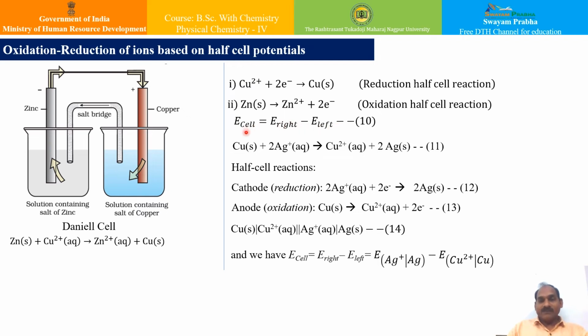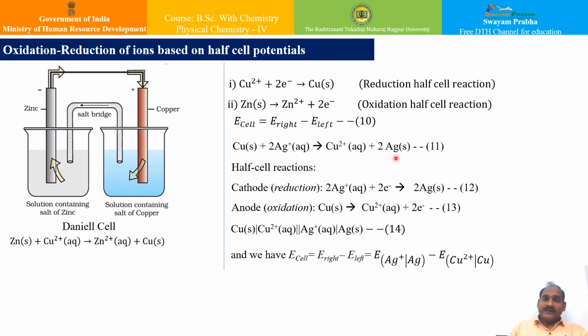Now let us take the example of the representation given in equation 11. Copper is in contact with the silver ion, so it is giving copper ions plus silver. That means the electrons from the copper are gained by the silver, and therefore copper ions are released into solution, and silver gets deposited.